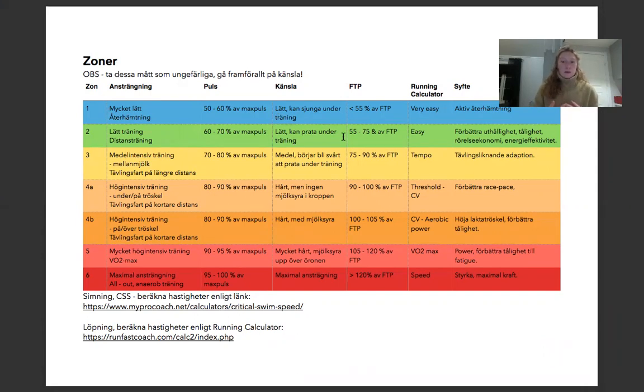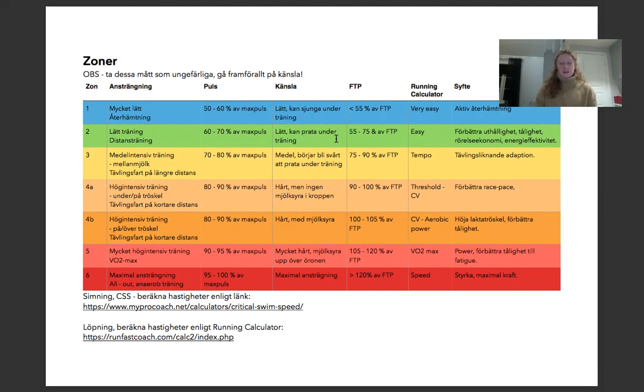Because what we are going to get you through today is how to calculate numbers for the different zones. For example, how fast you should go during zone 2 running. But these numbers don't look at how you feel during the day, but the feeling does.